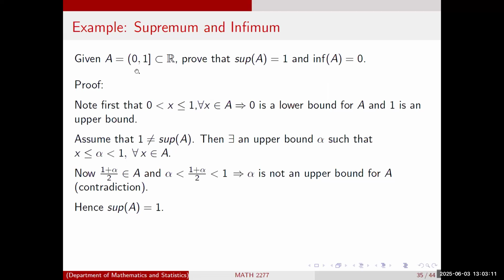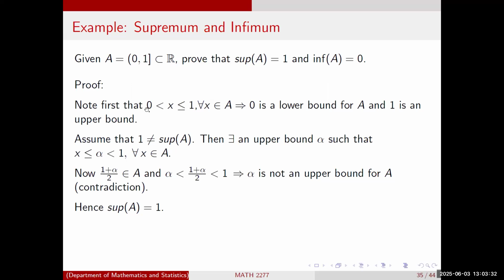Of course, just by looking at the set, remember I told you once you have an interval alone, the supremum is the rightmost point and the infimum will be the leftmost point. You need to prove that. Okay, so let's see how the proof goes.